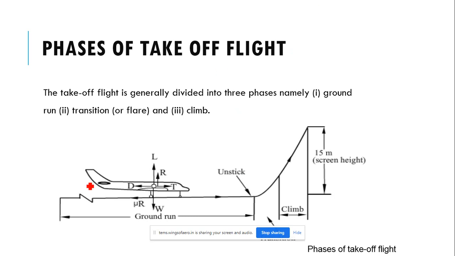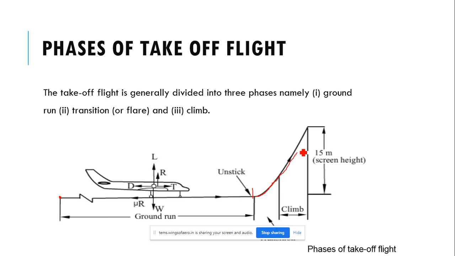So here you can see clearly, this is the starting point of an airplane, and up to this point the aircraft will be on the ground only. It is running on the ground only. So up to this distance is called the ground run. After the ground run, the aircraft will reach a particular velocity, that will be the takeoff velocity. When it reaches the takeoff velocity, it will lift off from the ground and be airborne.